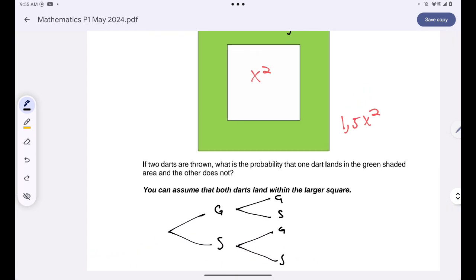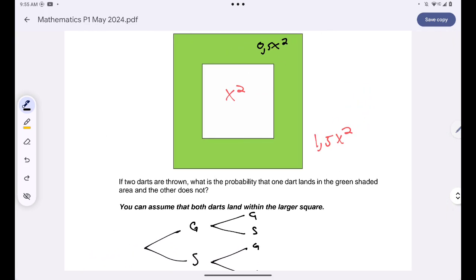I'm just dividing the areas, guys. I'll have 1 over 3, and then the probability that a dart will land on the smaller square is simply 2 over 3, right? Same thing applies: 1 over 3, 2 over 3 for the first dart, and 1 over 3, 2 over 3 for the second.